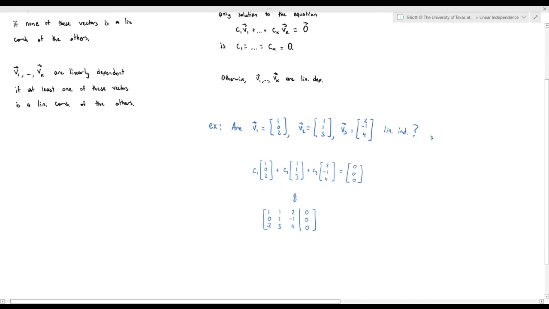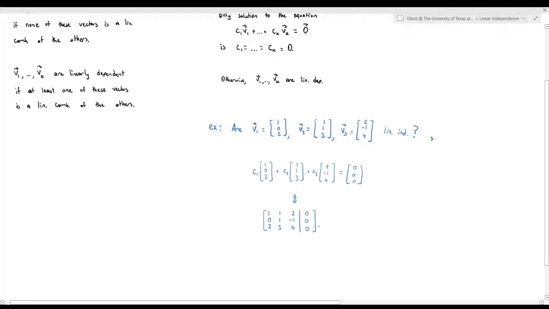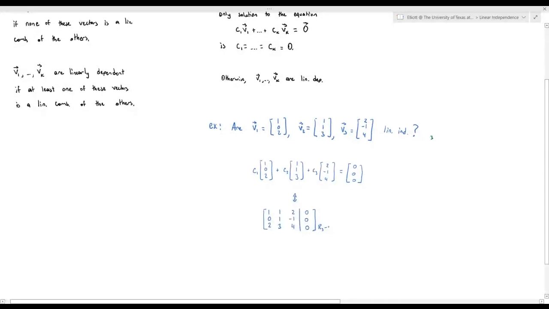In the first column, we already have a 0 here. I want to turn this 2 into a 0 as well. To do that, I could take row 3 and subtract 2 of row 1.